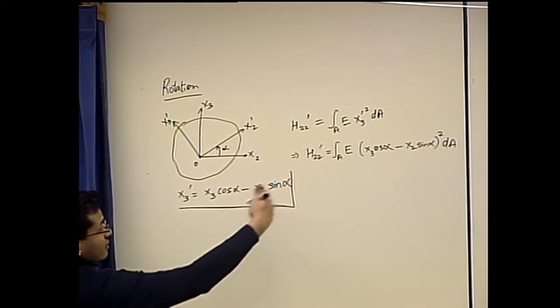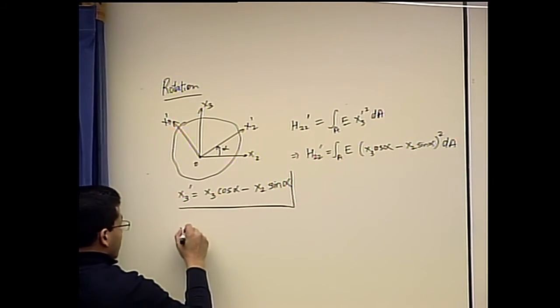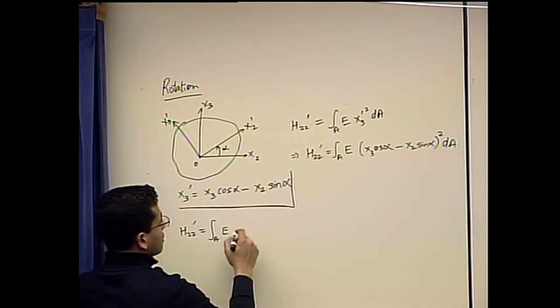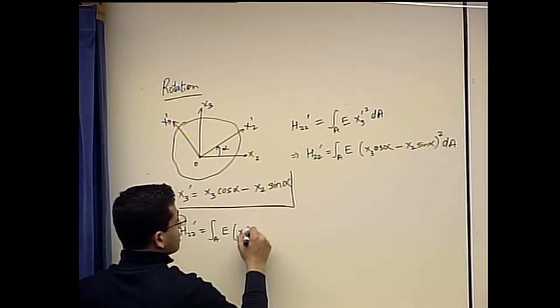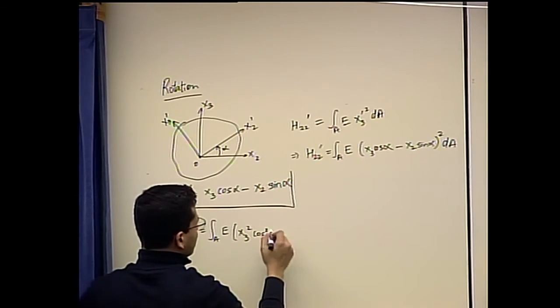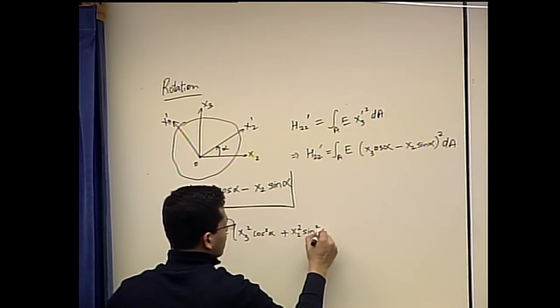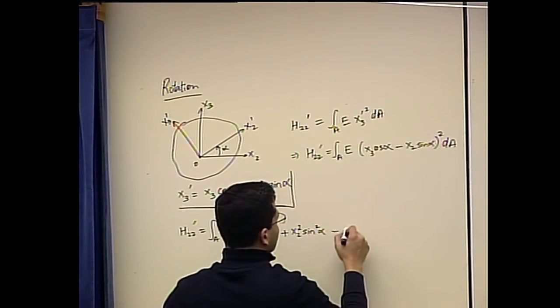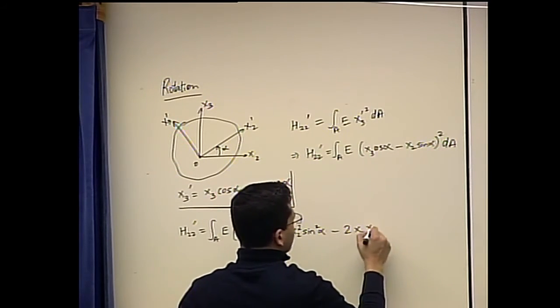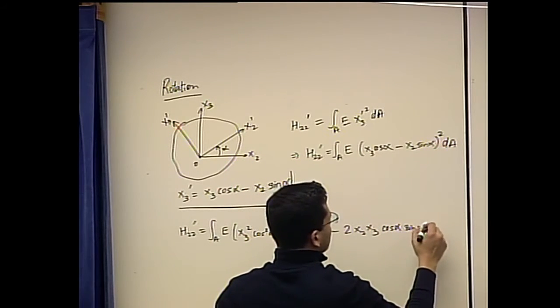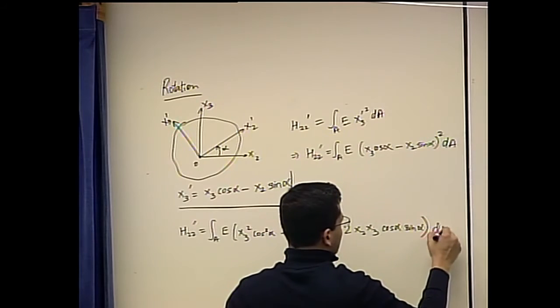Okay, so I'll expand that expression. So h22 prime integration E becomes x3 square cosine square of alpha plus x2 square sine square of alpha minus 2 x2 x3 cosine of alpha sine of alpha dA.